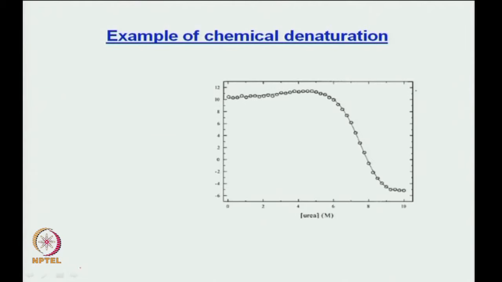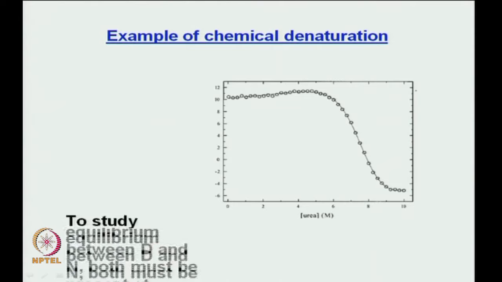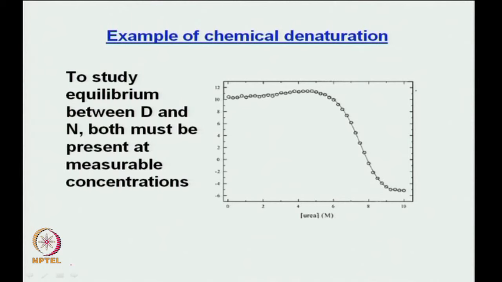So, let us take an example of chemical denaturation. This is a certain observable y, and I am observing the change in y as a function of denaturant concentration. So, on the x axis you have the concentration of urea, which is a denaturant, right.